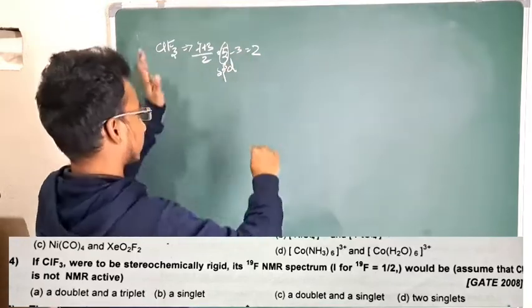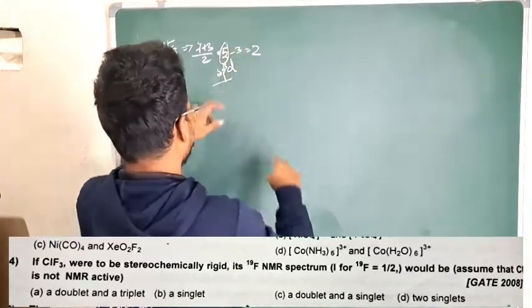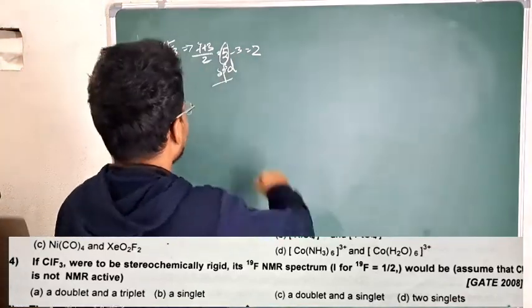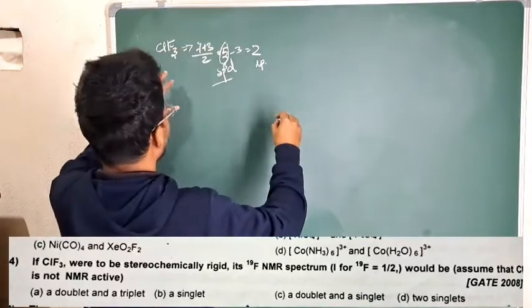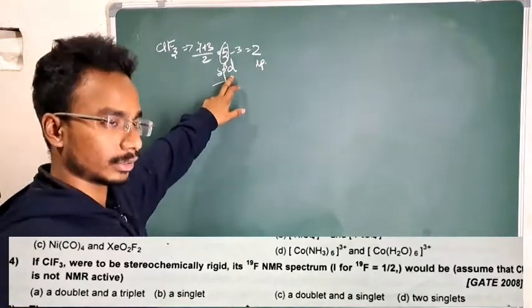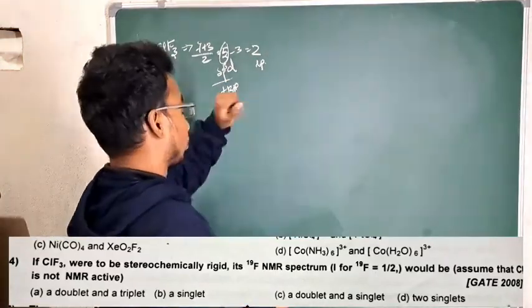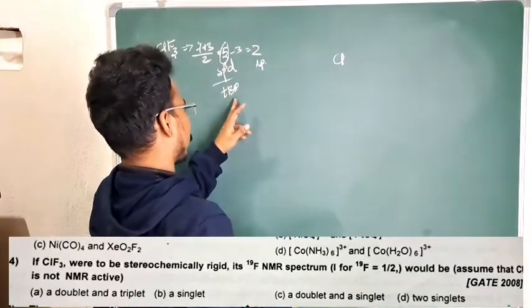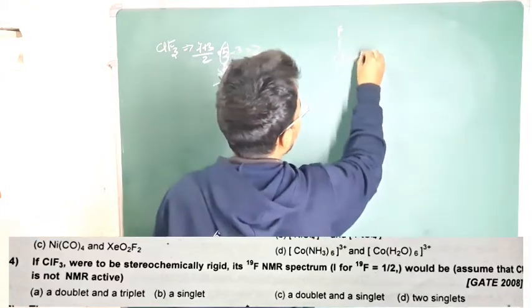I am doing it in the same line, don't be confused. Here the hybridization is 5 and I subtract the number of bonds, so it is a lone pair. So it is sp3d, which means trigonal bipyramidal with 2 lone pairs. So its geometry will be trigonal bipyramidal, but it will come like this.